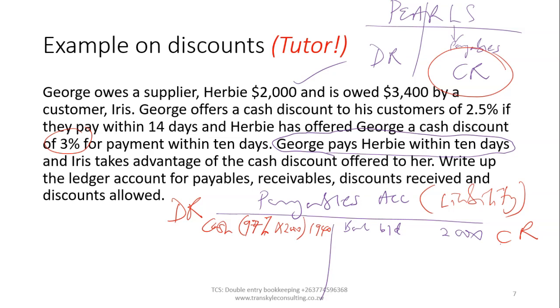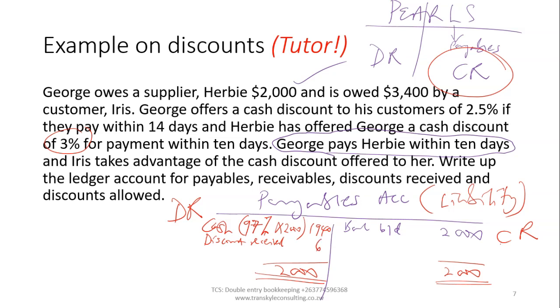So this is why the cash of $1,940 has been entered on the debit side. But you can see that $1,940 is not equal to $2,000, because by the end of the day the ledger account should have the same balance on both sides. So there should be some balancing figure. The balancing figure here is known as the discount received.